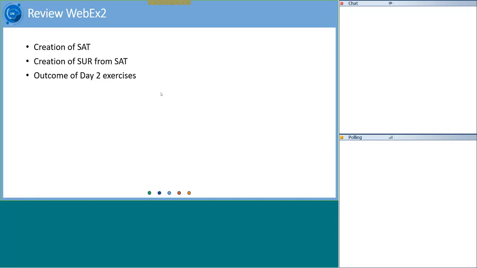As we did yesterday, we have prepared a few questions, and I would like you to take the time to answer them. It's a very short review exercise. I will open it right now, and it should appear on your screen.